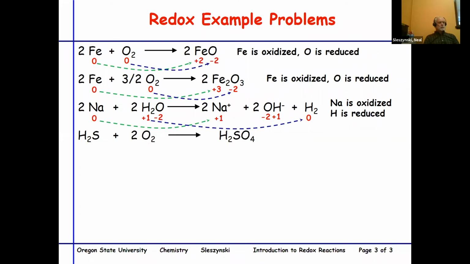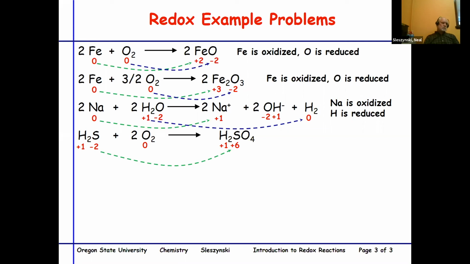If we take hydrogen sulfide, H2S, and react that with oxygen to produce sulfuric acid, we see that hydrogen is +1 both as a reactant and product, not changing oxidation state. Sulfur, on the other hand, goes from -2 to +6. That sulfur atom has lost a total of 8 electrons.